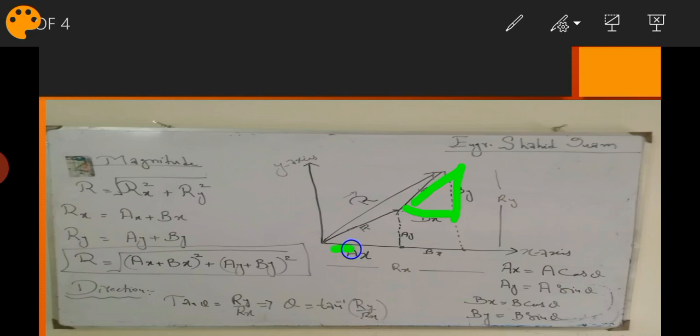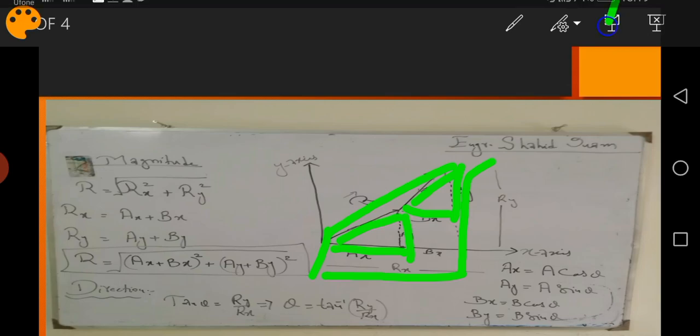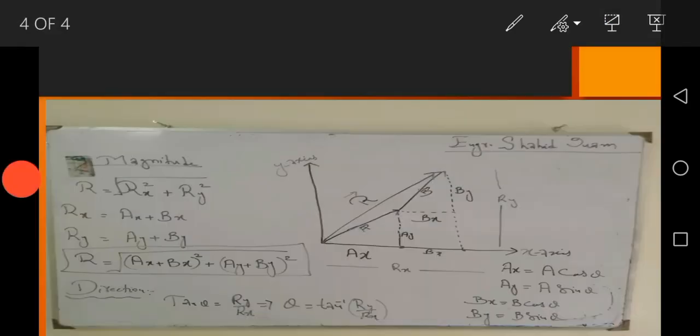Similarly, this is the x component of vector A, this one is the y component of vector A, and this is the vector A. So here we have two triangles and another triangle, that is the resultant vector R, then this y-axis and this x-axis complete. So we have three triangles here. Now I will talk about these three triangles.